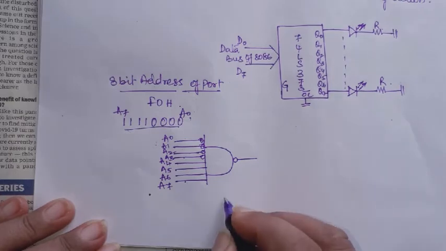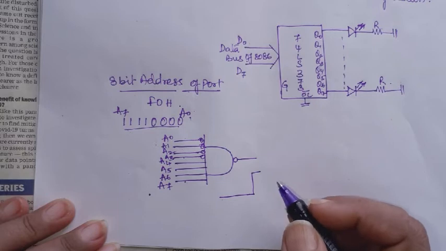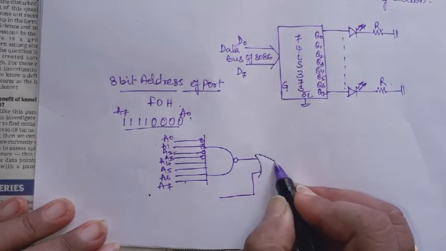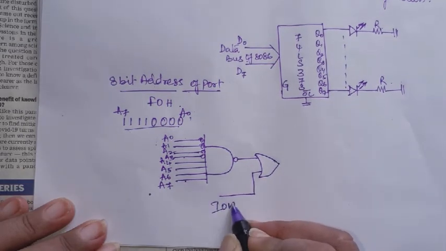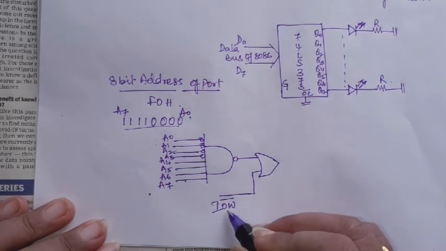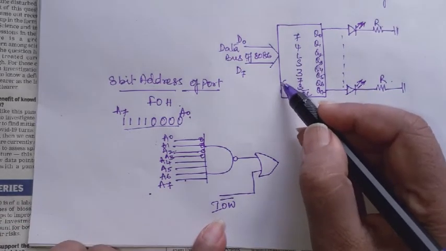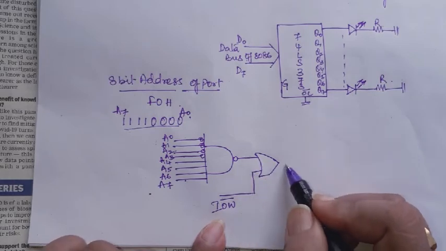One more signal which is to be decoded is I/O write bar. So this will be low. I want here an active high signal. When these two are low, the OR gate output will be low.